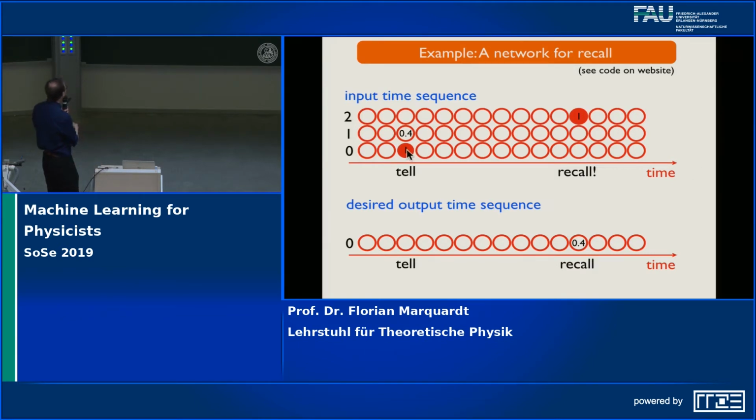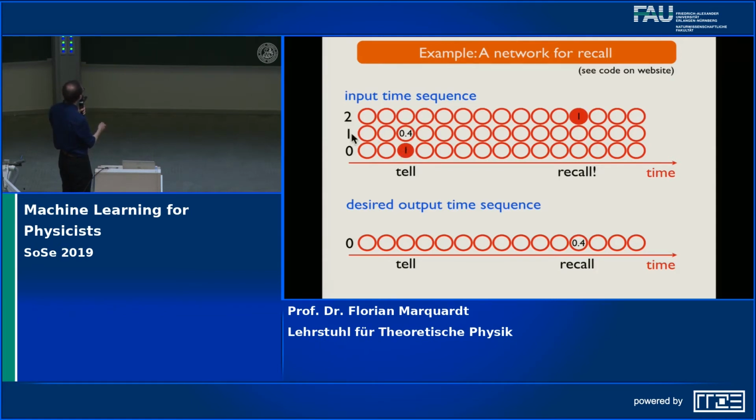Now, I want one of these neurons to play the function of indicating the time when I want to tell something to my network, when I want it to memorize something. And so only at this point in time it will be 1.